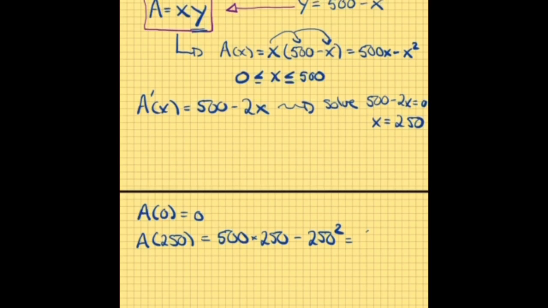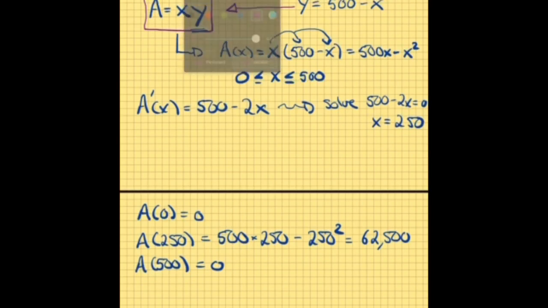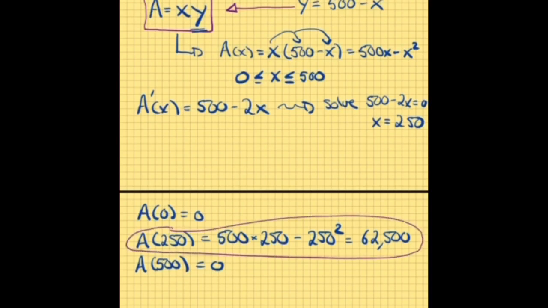I believe this may be wrong, but I think it's right. 62,500. Okay? And when you plug in A of 500, the right-hand endpoint, you get 0. So what is our maximum? Yep. Our maximum occurs when x equals 250, but we haven't answered the question yet.